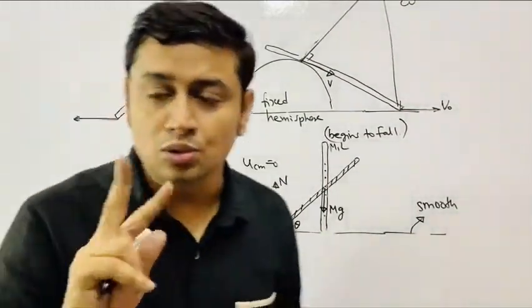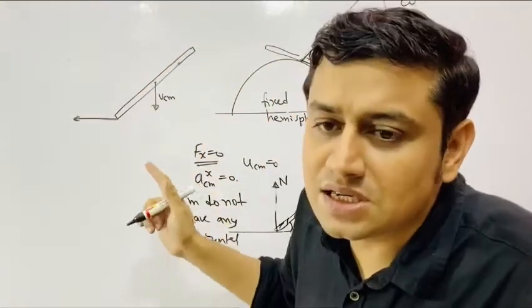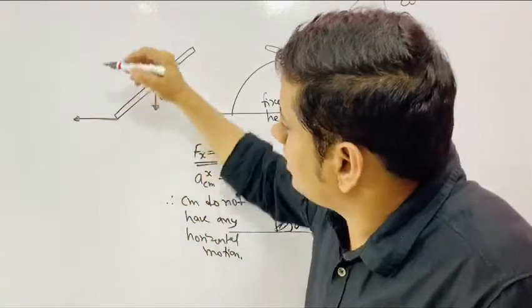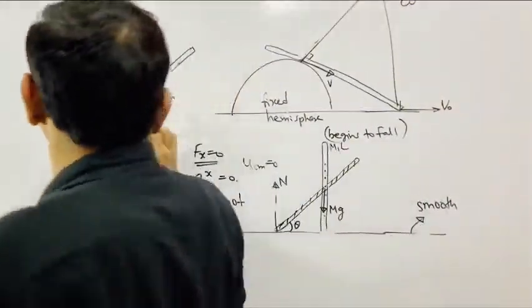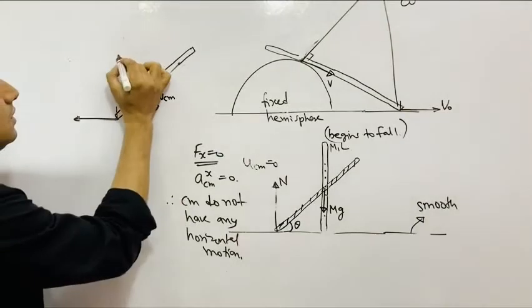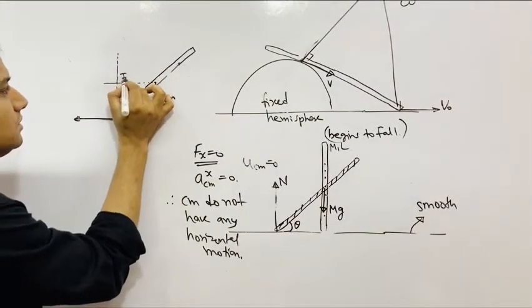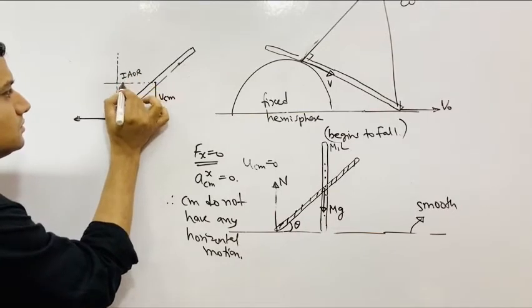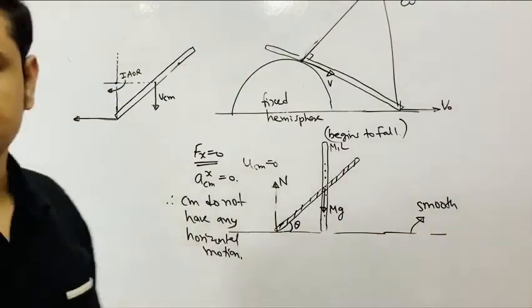You know two points whose velocities are not parallel, so you can get the instantaneous axis here also. If I drop a perpendicular here and a perpendicular here, they meet here, and this is your instantaneous axis of rotation.